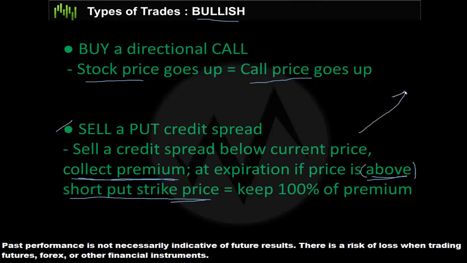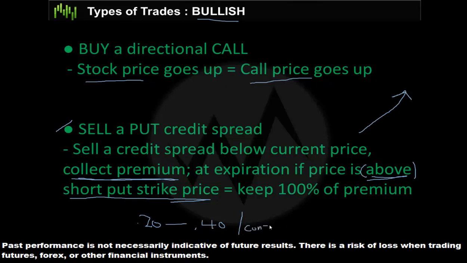We think prices are going up. Usually in the trading room, we look for anywhere from 20 cents to 40 cents per contract for a $5 wide credit spread. That's anywhere from $20 to $40 per contract.